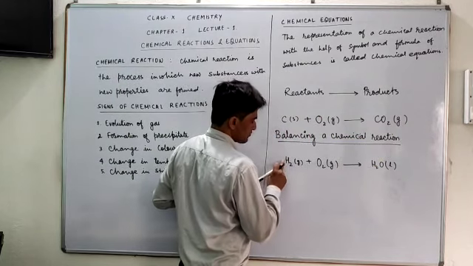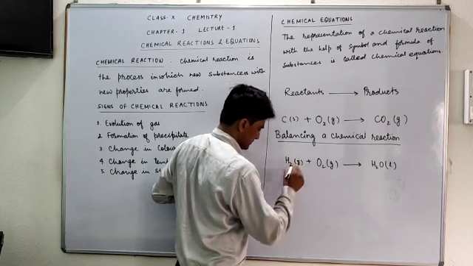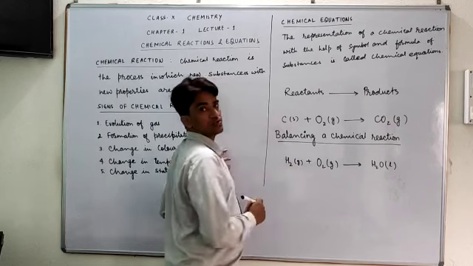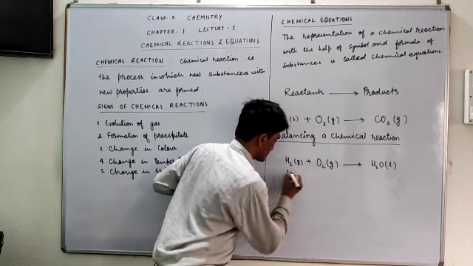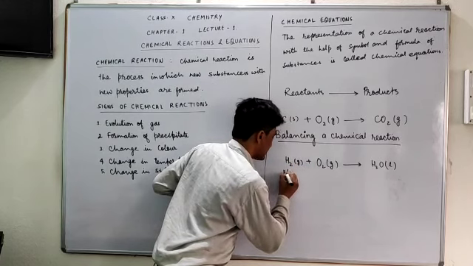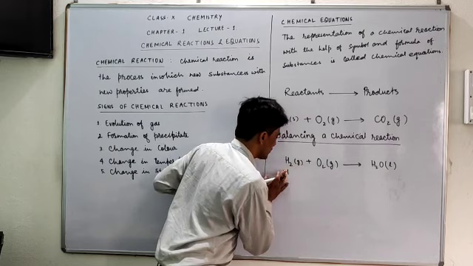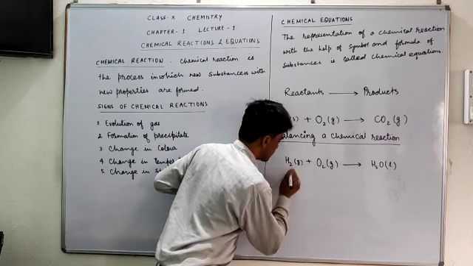In this equation, the molar mass of H2: as we know, the atomic mass of hydrogen is 1 and there are 2 atoms, so 1 into 2, that is 2.